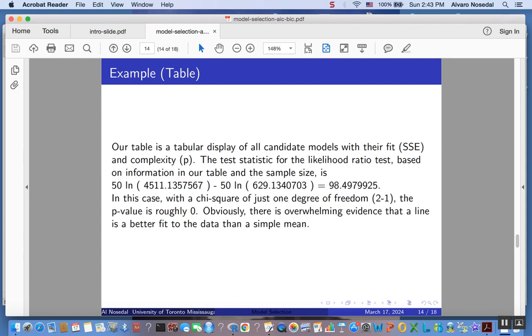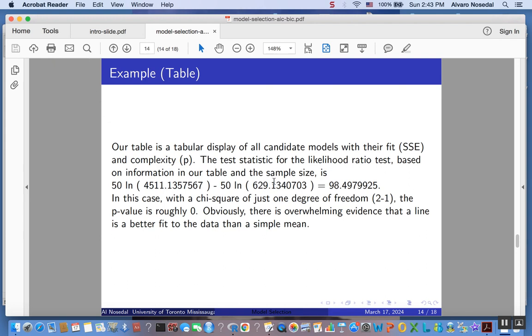Next, what I would like to do is talk about an approach where you compare models that take into account not only how well the model fits the data set, but also another feature of your model, that is the complexity of your model.